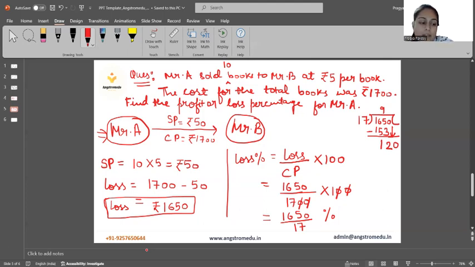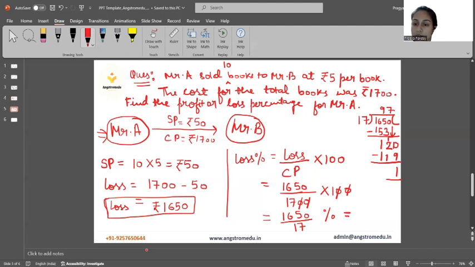Let's say 17 sevens, it will be 119. If I subtract this, I will be getting 1 over here. So 1 minus 1 will be 0 and 0. So 1 will be there as a remainder.